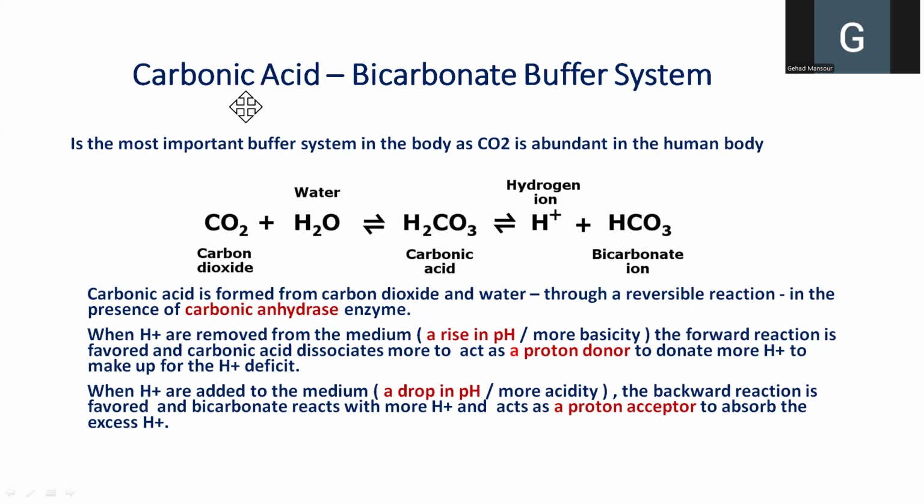Why is this carbonic acid bicarbonate buffer system important? Because it is the most abundant and the most effective inside the human body. Why is it the most abundant in the human body? Because it mainly depends on carbon dioxide, meaning that in order for carbonic acid to be formed, and therefore in order for bicarbonate to be formed, we should start by carbon dioxide.